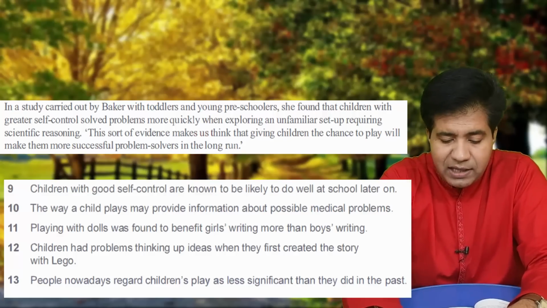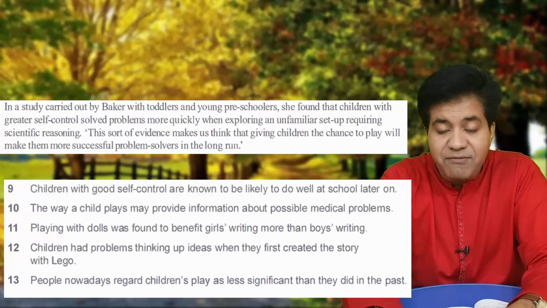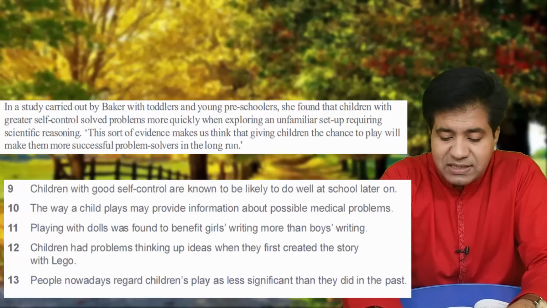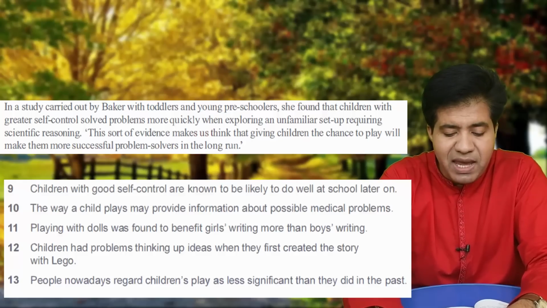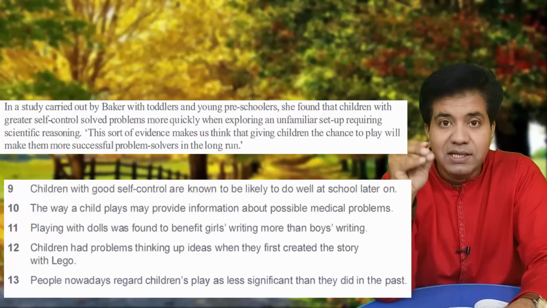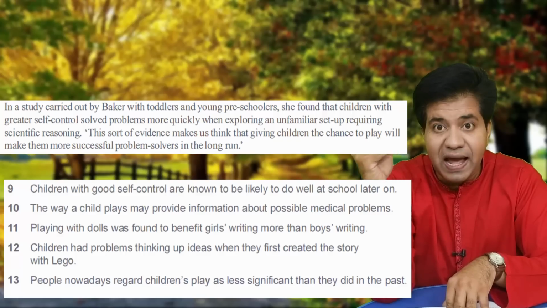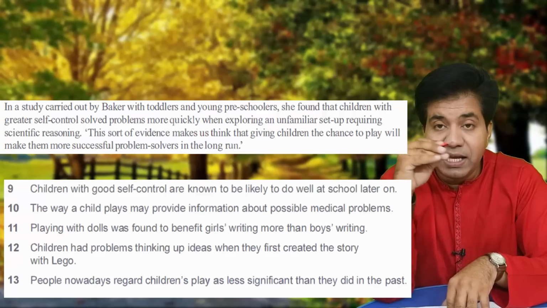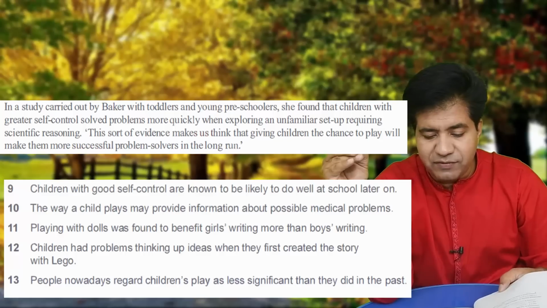Let's read ahead. Then they say, this sort of evidence makes us think that giving children the chance to play will make them more successful problem solvers in the long run. Chance, right? For chance, they use the word likely. In the long run, for this they have used the word later on.